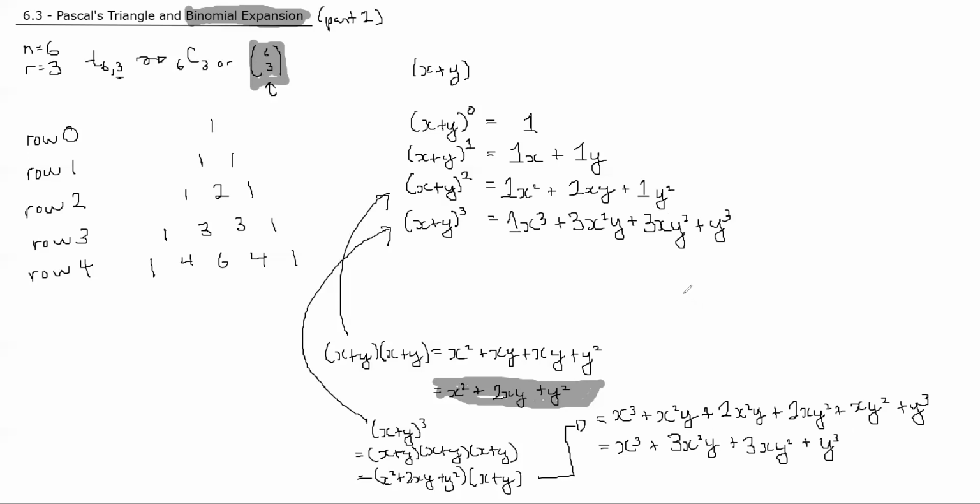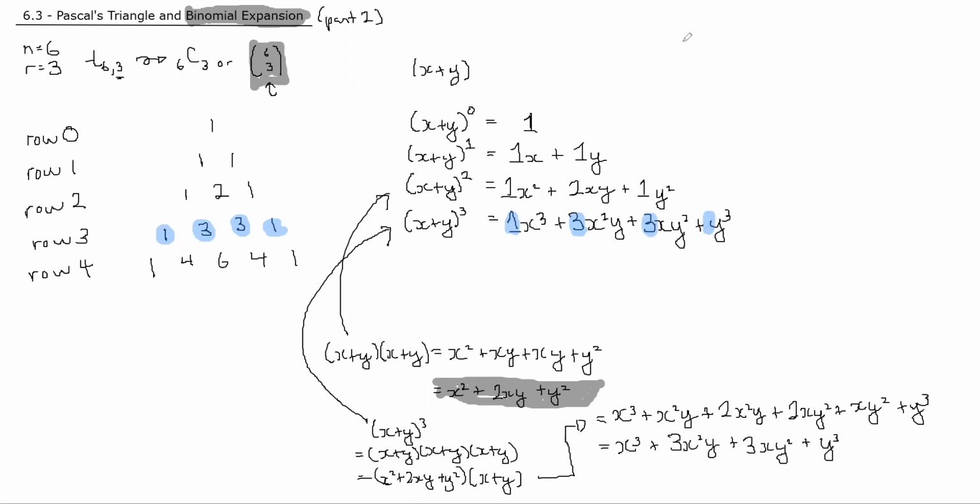Pascal's triangle essentially corresponds to the exponent of the binomial: the terms in that row correspond to the coefficients. 1, 3, 3, 1.